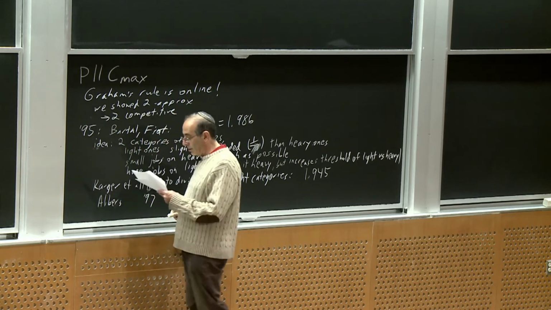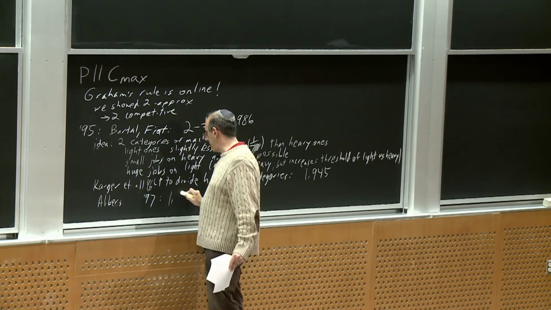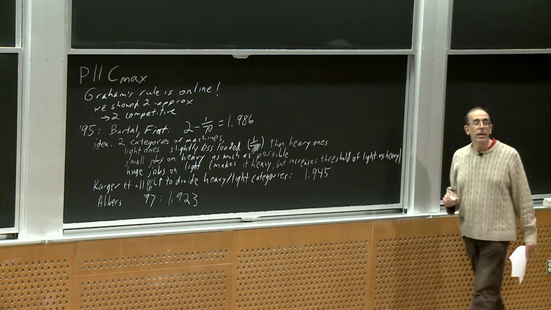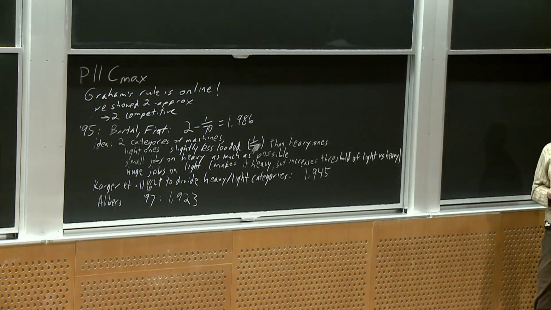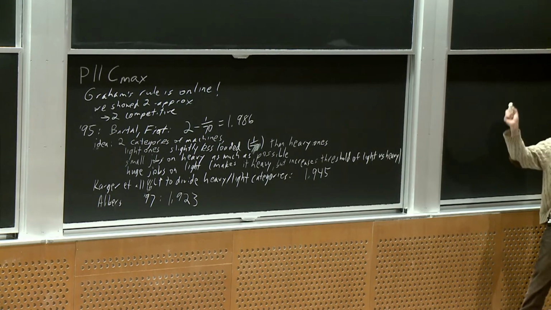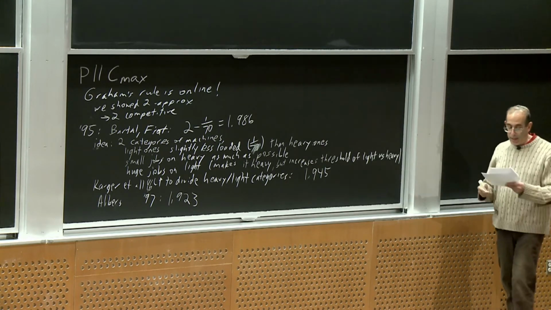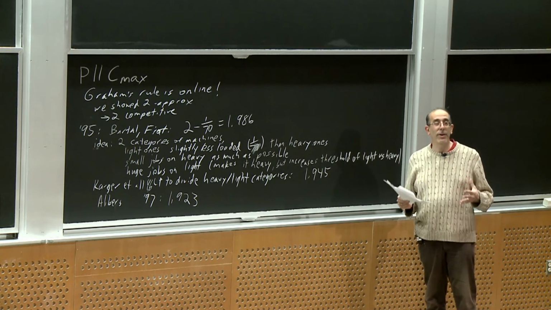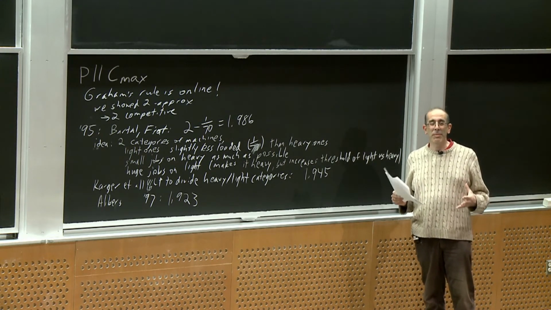She was smarter than us. She didn't need to use a computer. She just did something theoretical and got it down to 1.923. And since then, I haven't really paid attention, but I'm sure that the numbers have gone down and down. But as far as I know, they do not yet have the final number. There's some limit to this.